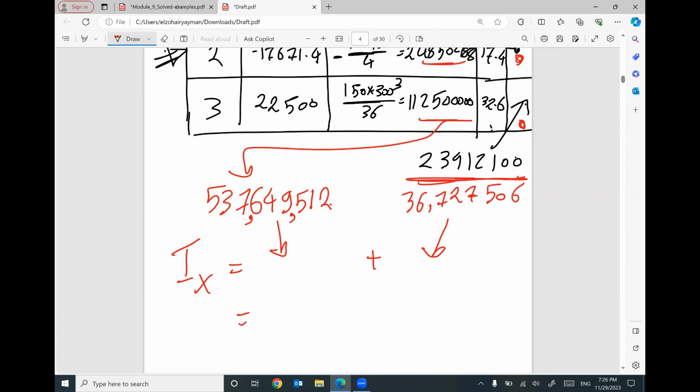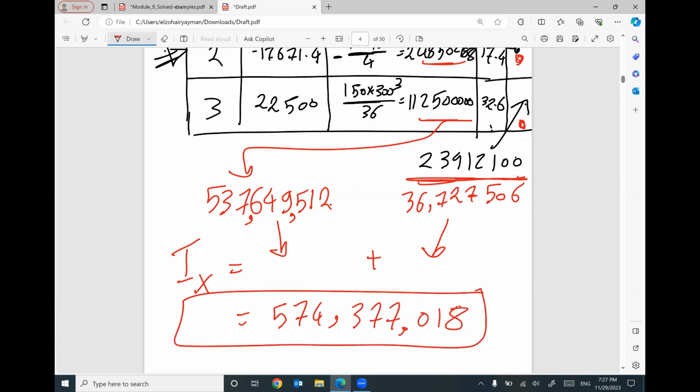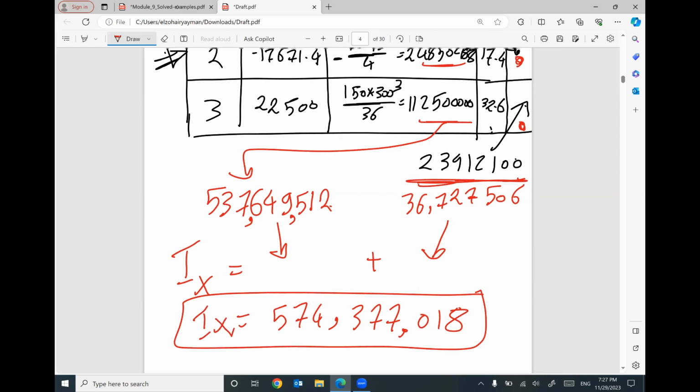It will be 574,377,018. This is the final value for Ix.